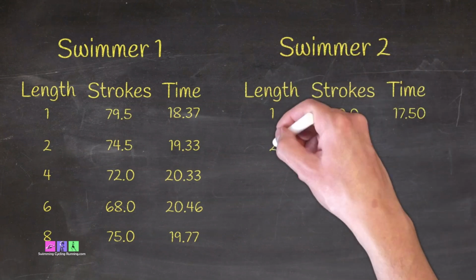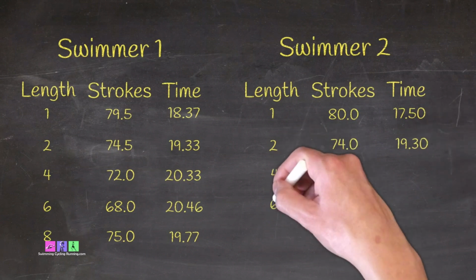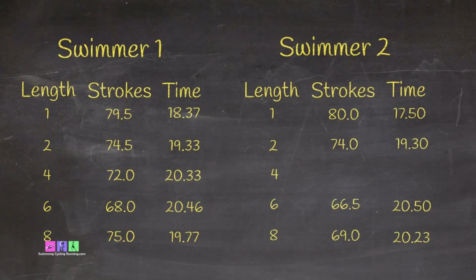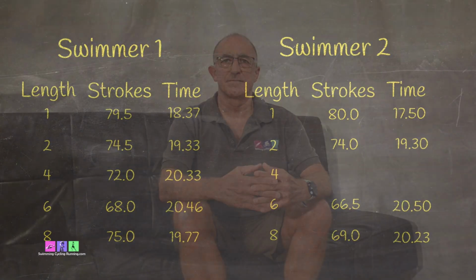And 80 at 17.5, 74 19.3, and then 66 20.5. And each time, again, with the last 69 instead of 66, we see a reduction in time, even though the swimmer must have been more tired, obviously on the last length than the sixth length. So there you can see, every single time stroke rate reduced, the time went up for the length.